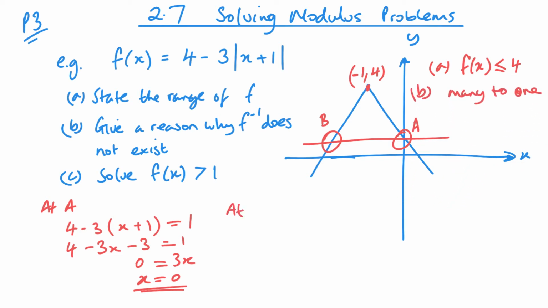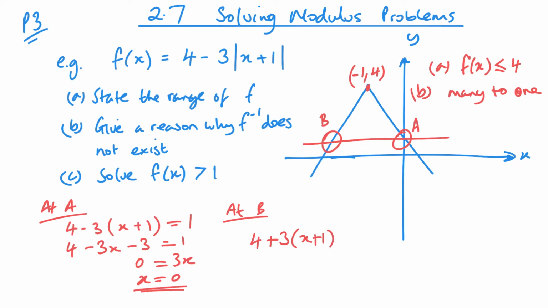Now at B. At B, this is in the part of the graph that is affected by the modulus. This is for negative values. So what I need to do is use the opposite sign when I'm dealing with this part, because this graph would be the same as this graph.